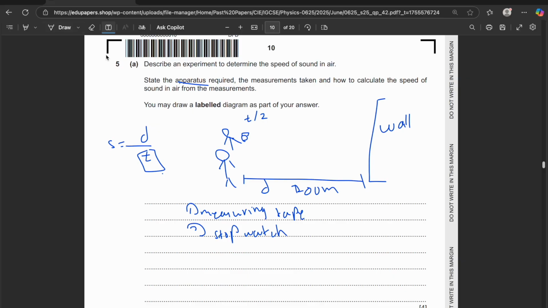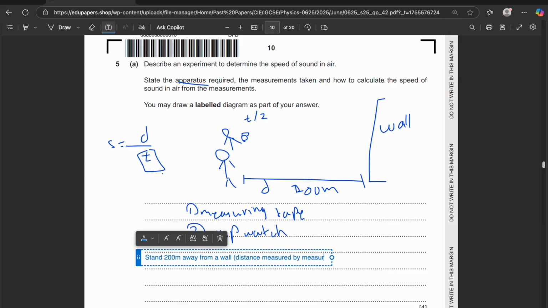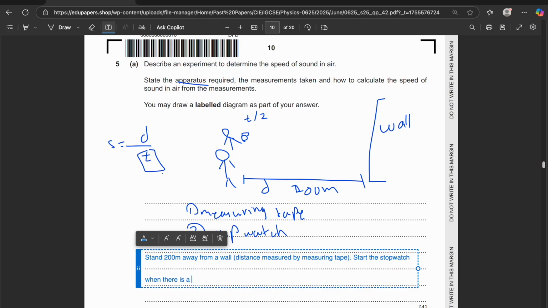So we'll write this. Firstly, stand 200 meters away from a wall. Distance measured by measuring tape. Then start the stopwatch when there is a clap and stop it when echo is heard.